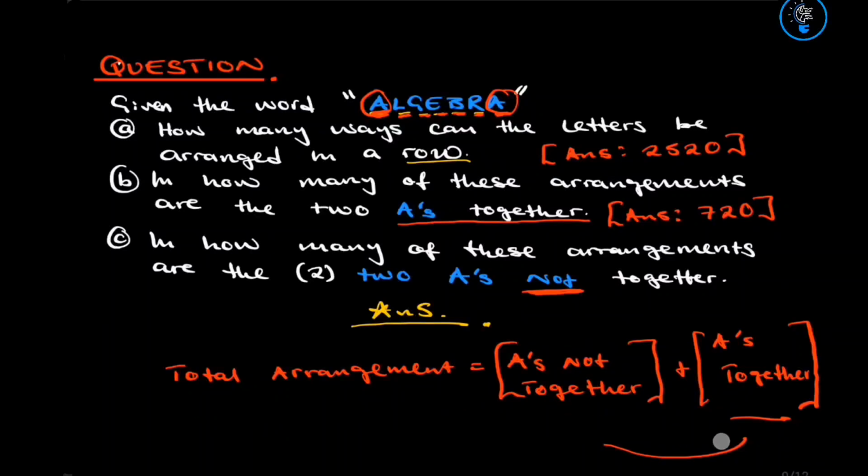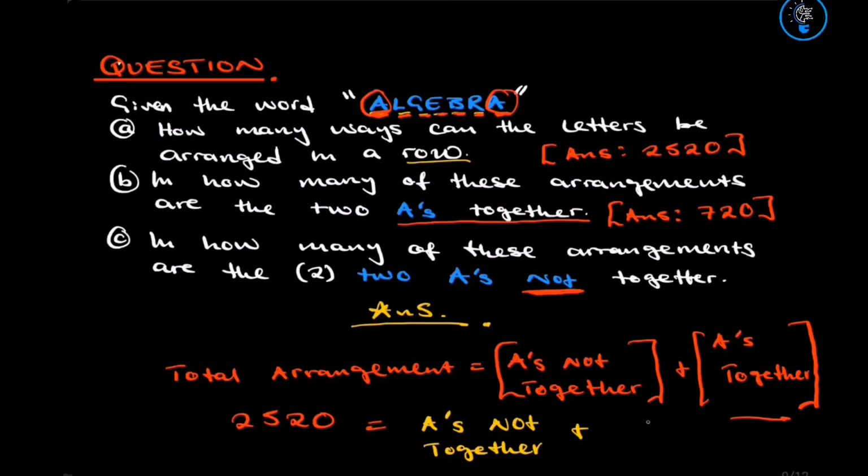Okay, now it's just a matter of substituting your values into this particular equation. Total number of arrangements is what we got in A, which is 2520, equals not together, which is what we want, plus A's together, which is 720.